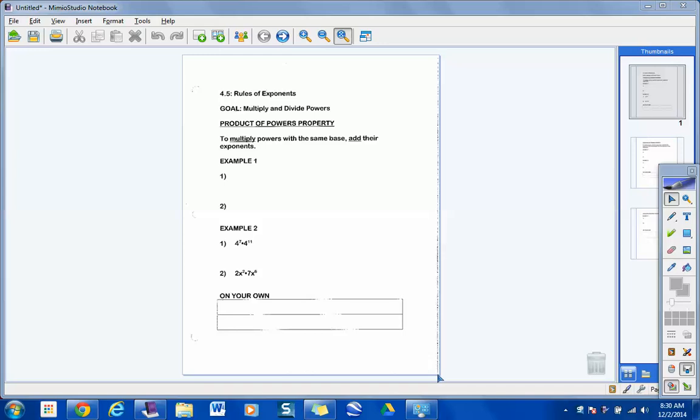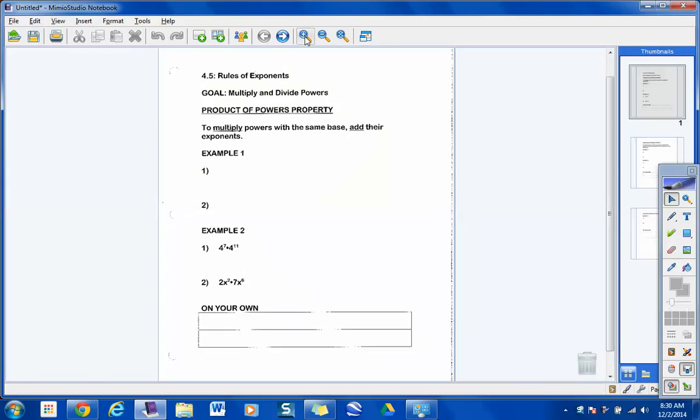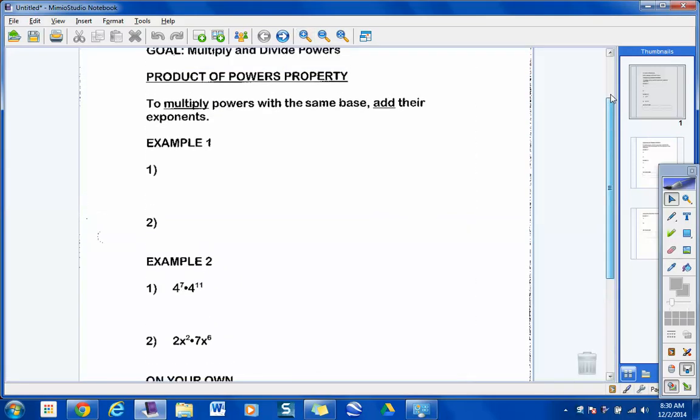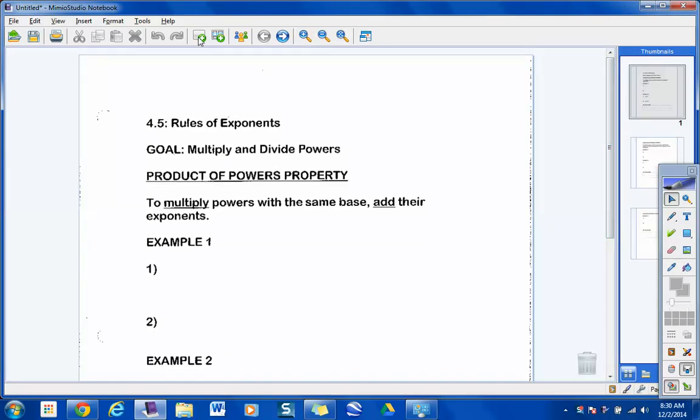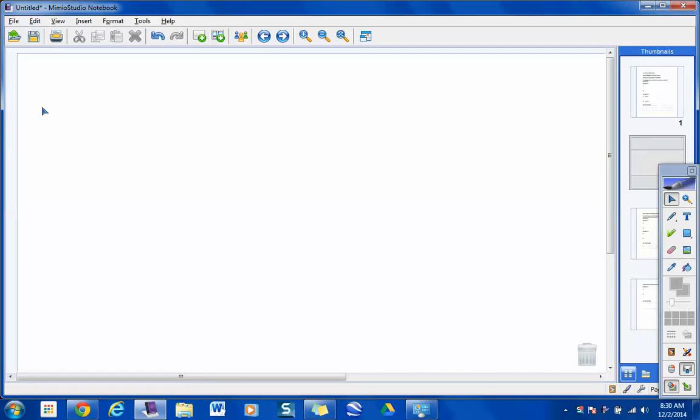Assignment-wise, we're going to go on page 196. Write this down quickly. I'll go ahead and write this down real quick. Page 196 is what I'm going to assign for you for Thursday.